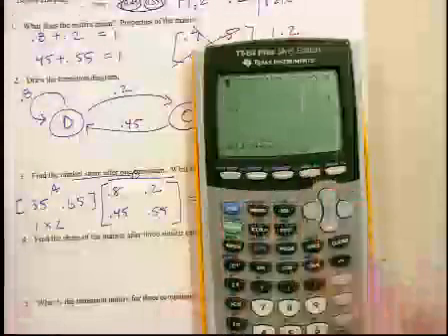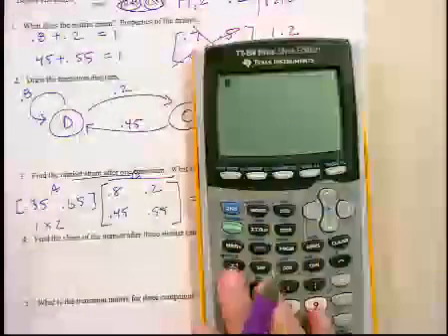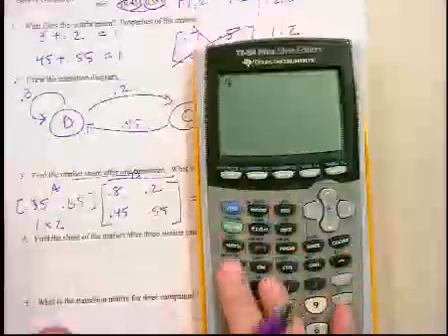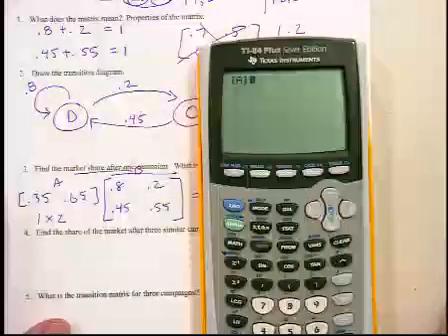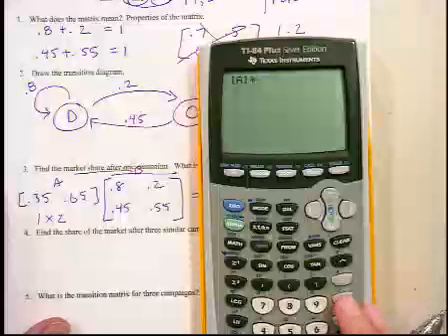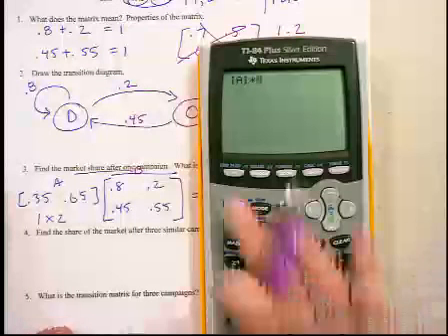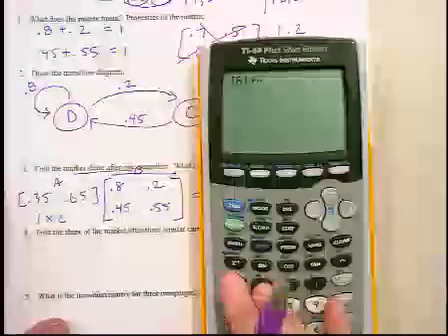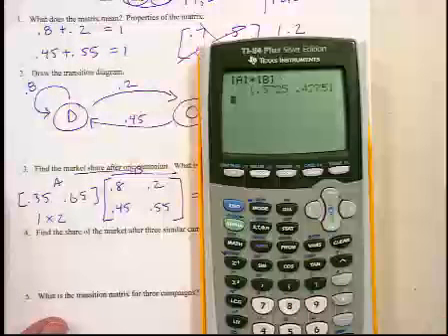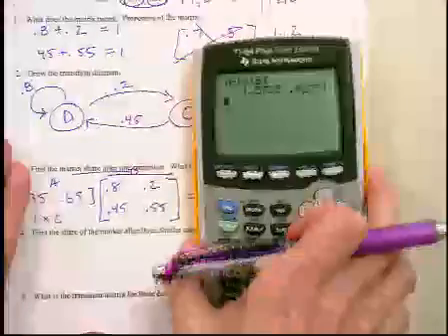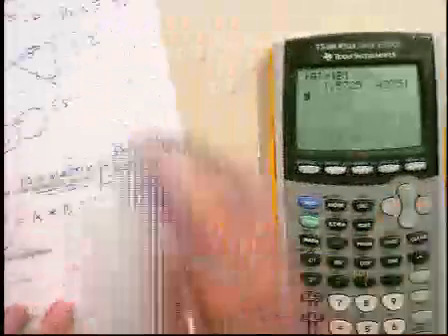Okay, so second quit. I need to grab matrix A, so second matrix. I'm going to choose A from my names list, enter, and then times B. I think you can leave the times off, but I'm going to put it in though. Second matrix, and then choose B, and then enter. So we end up with this market share.